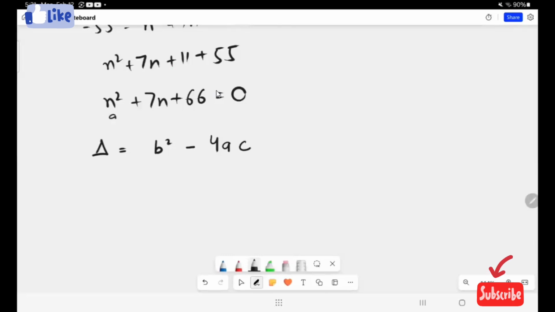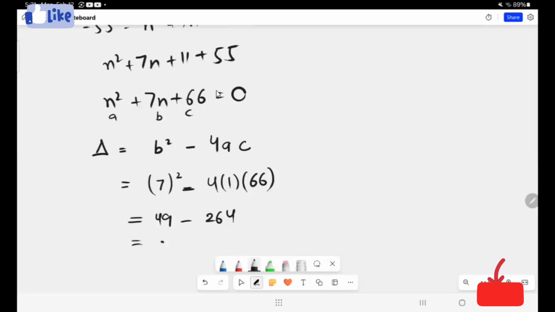So this is a, this is the b value, and this is the c value. 7 squared, this is b, here we have a as 1 and c is 66. 49 minus 264 and I got minus 215. That is less than 0.